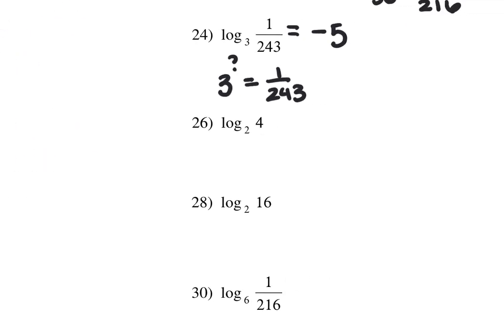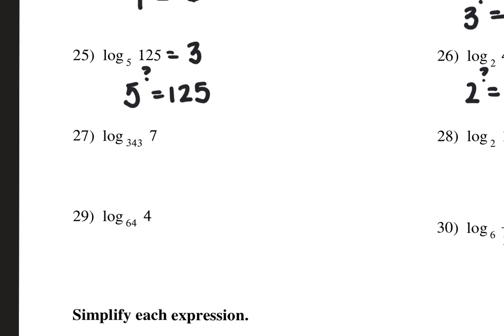Next one, we grow, we switch, and we are now looking for this exponent. 2 to what power is equal to 4? So that's 2 squared. So our answer is equal to 2. So let's go again. We grow, we switch, and so we're looking for this exponent.